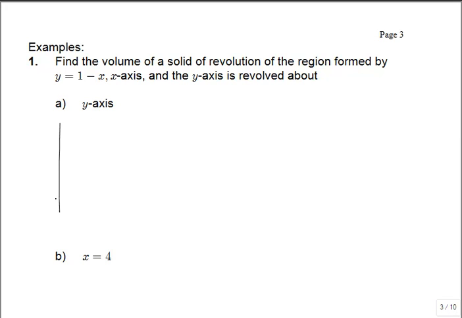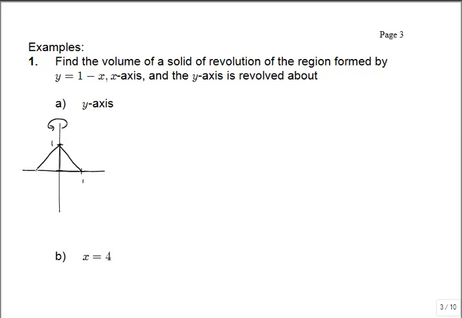So we have the curve y equals 1 minus x, which is just a line with a y-intercept at 1, an x-intercept at 1, and it's just going to look like that little line segment if we're also bounded by the x-axis and the y-axis. So we're talking about that little triangle. And we want to rotate this around the y-axis just like that. Okay? So let's draw in the mirror image just like we've done in the past.